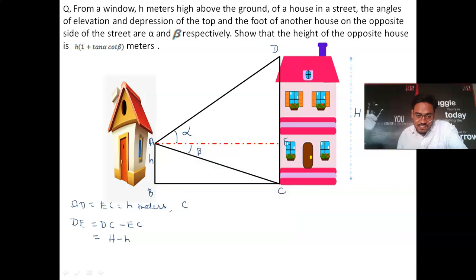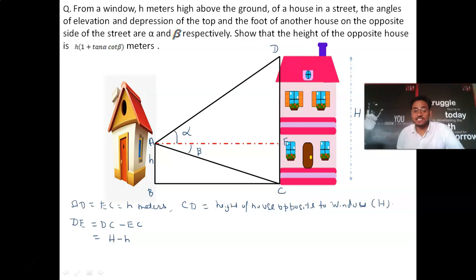This CD represents the height of the house opposite to the window, and I have assumed this CD as capital H in meters.